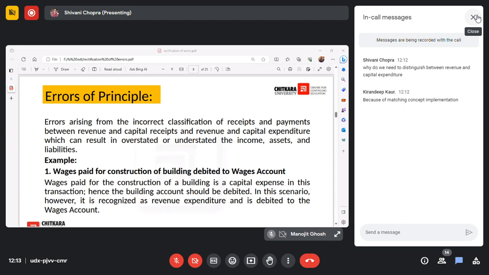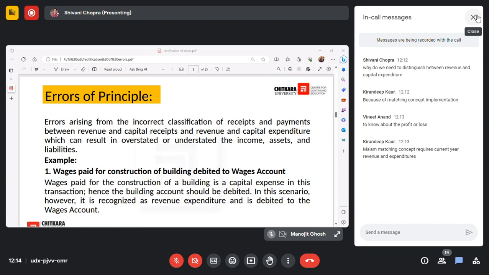We need to match the current year's revenue with the current year expenditure. That's what the matching concept states. So why do we need to do that? Because we want to identify what is the... exactly. You very rightly said, Vineet, we want to know what is the current year profit or loss.